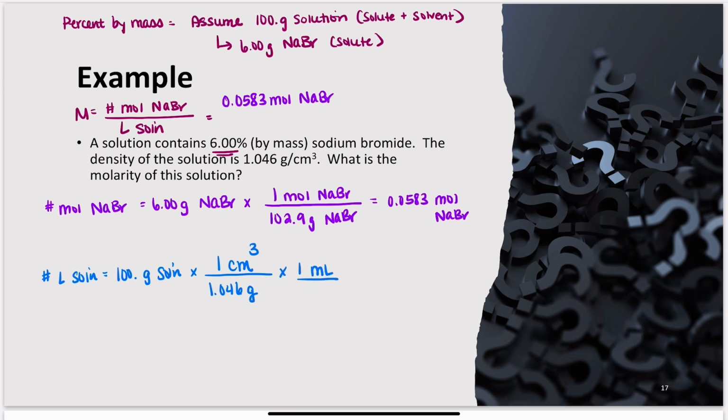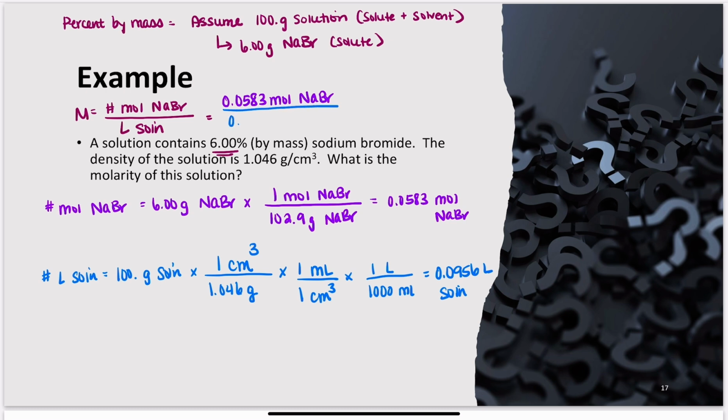Well, I know that 1 milliliter is 1 centimeter cubed. And yes, I need to include that conversion for my credit. Mathematically, it doesn't appear to do much, but it converts your units correctly. So 1 mil to 1 centimeter cubed would get me in mils, but I want liters. 1 liter is 1,000 mils. So I get 0.0956 liters of total solution.